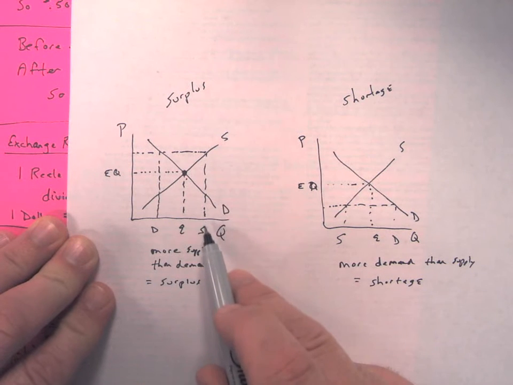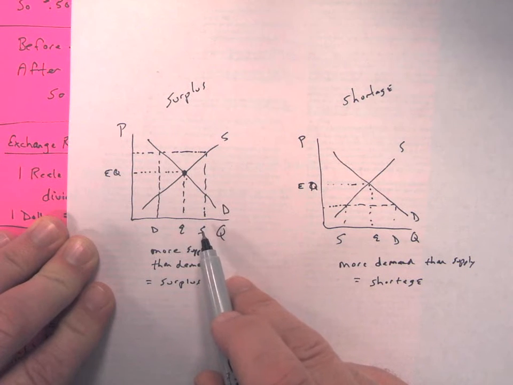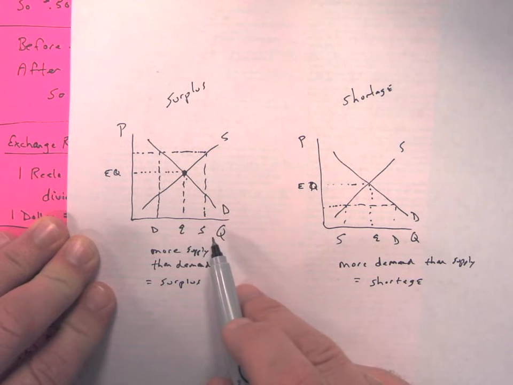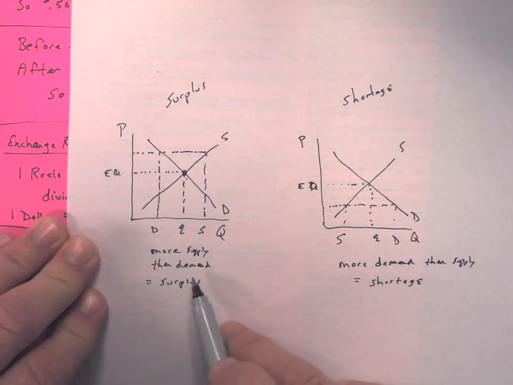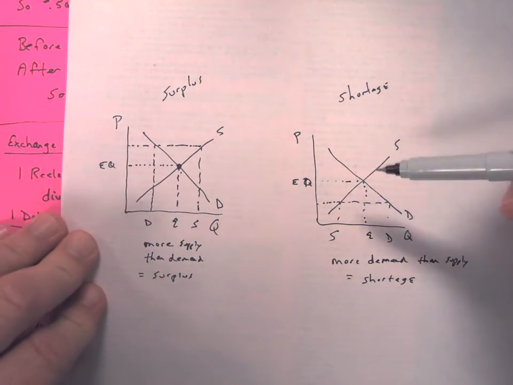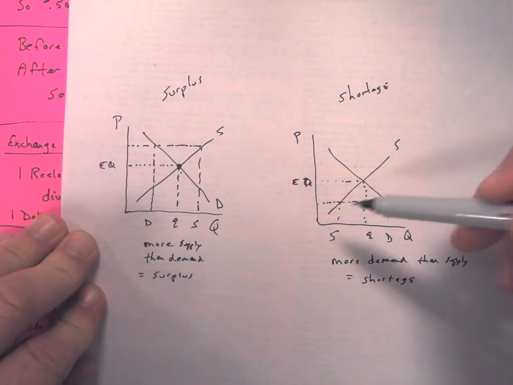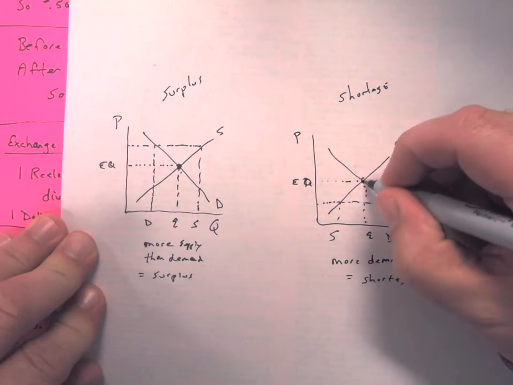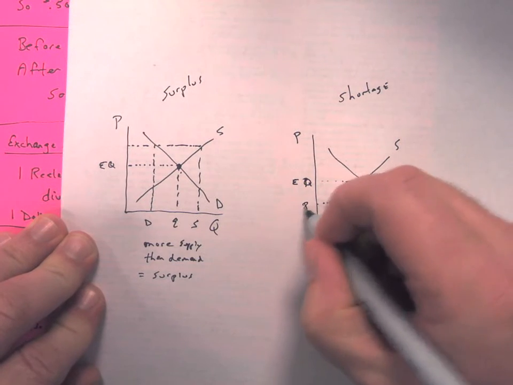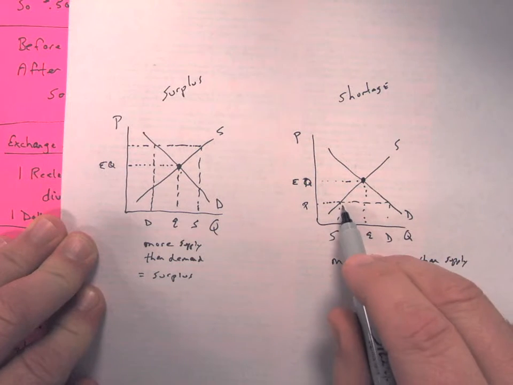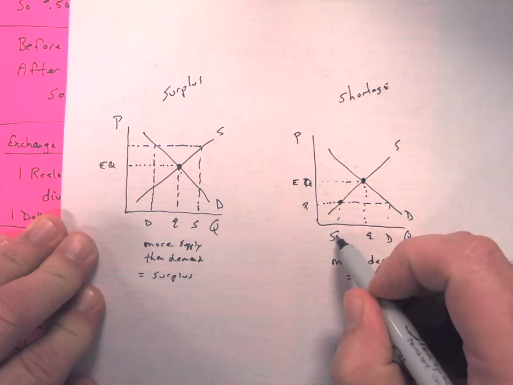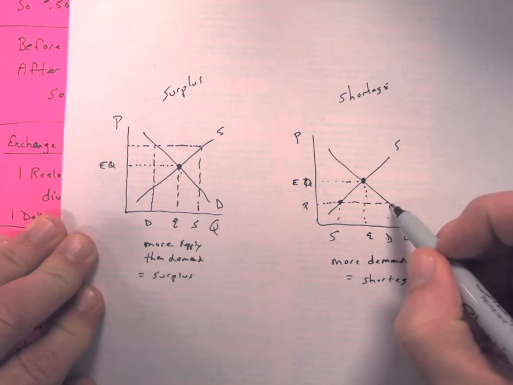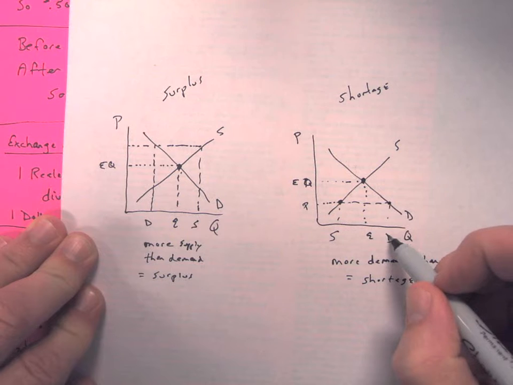And I can drop that down and see, okay, well, supply is to the right. Remember, we increase right and decrease left. So there's more supply than demand, and that's going to be a surplus. The opposite is true for a shortage. If we have equilibrium price, and all of a sudden we're set at this price level, and I can see where that price level crosses the supply line, supply is right here, and where that price crosses the demand curve, that demand's right here.